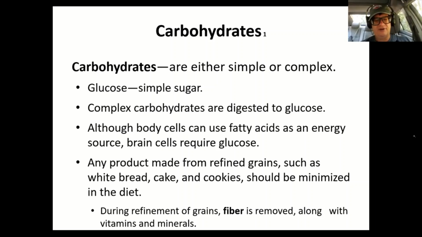Part of refining the grain is taking out the fiber, and we already talked about the importance of fiber, how having enough fiber in the diet can get rid of things in the intestines that cause cancer.